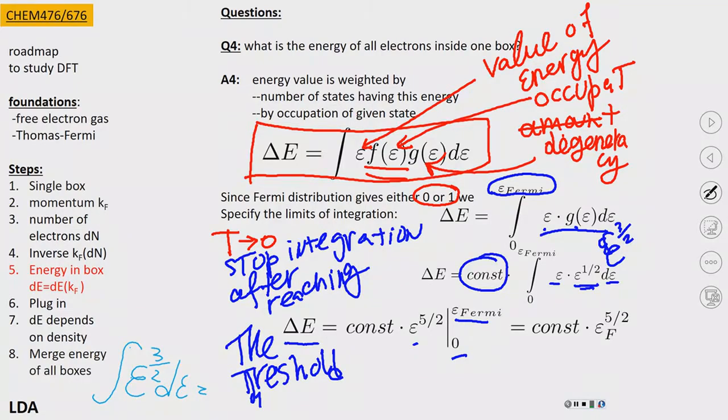What should we get? Well, the answer is on there, but how do you get it? If you integrate x to the power n dx, what do you get? It's x to the n plus 1.